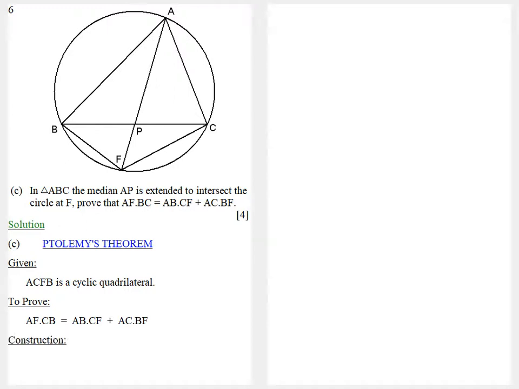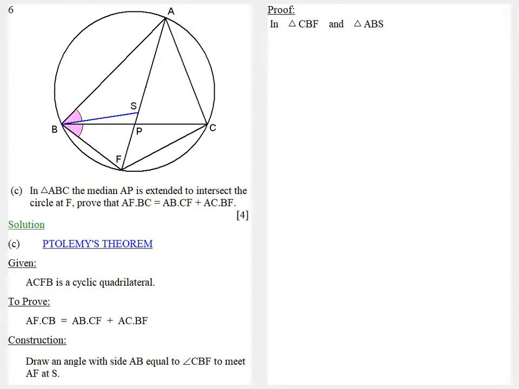do a construction. We draw an angle with side AB equal to the angle CBF to meet AF at S. Now we can say, in triangle CBF and triangle ABS, the angle CBF is equal to the angle ABS because that's exactly how we drew it. It's the construction. The angle BCF is equal to the angle BAS.